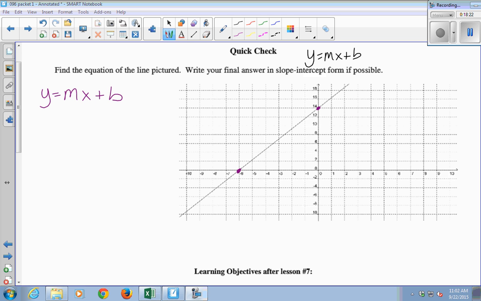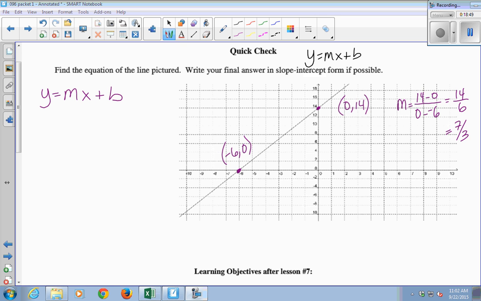So there's sort of 2 ways you can do it. This one is 0, 14, and this point is -6, 0. So you could calculate the slope by subtracting the y's, 14 minus 0 over 0 minus -6, which is 14 over 6. And if you want to reduce that, that's fine. That's the same thing as 7/3, right?